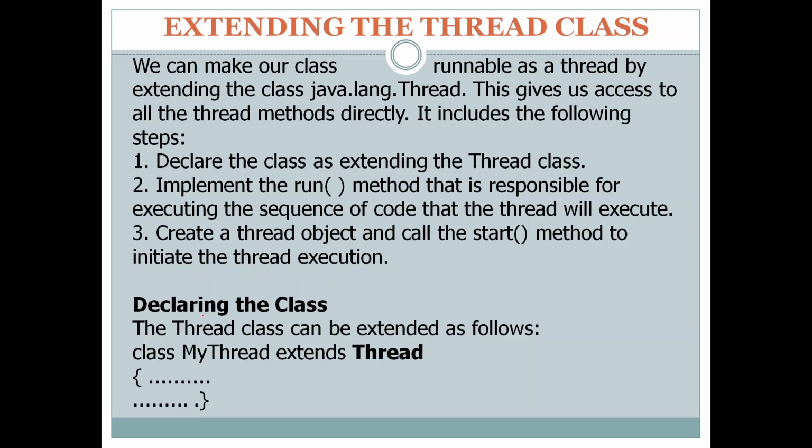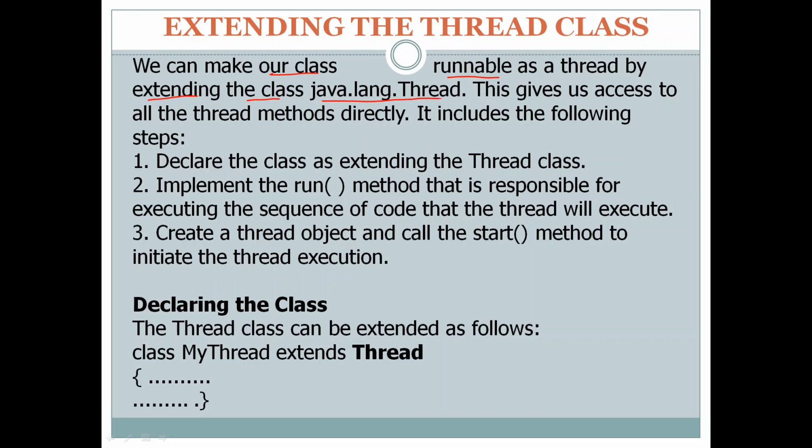Now, extending the Thread class, the first way of creating a thread. How we can create a thread by extending the Thread class, that we will study here. We can make our class runnable as a thread by extending the class java.lang.Thread.